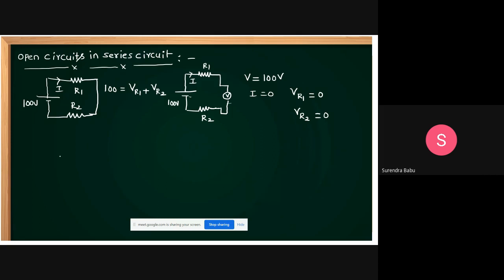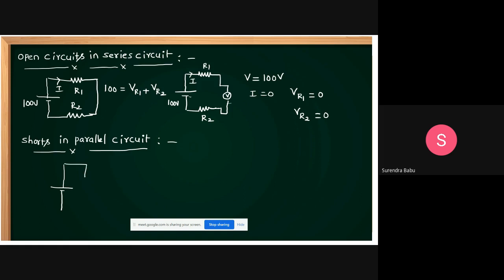Next, shorts in a parallel circuit. Can anybody tell what is the concept of shorts in a parallel circuit? Let us consider this is the voltage source.